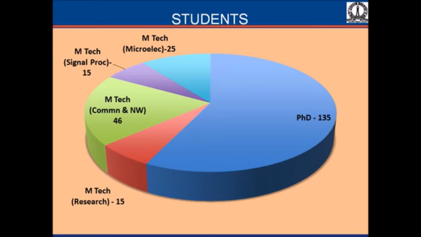But the core, you can see that the bulk of the students are PhD students. And then we have these MTech students. We have MTech in communication networking, networks, signal processing and microelectronics. And then we have MTech research, which is the research program. I'll give you more details in the subsequent slides.